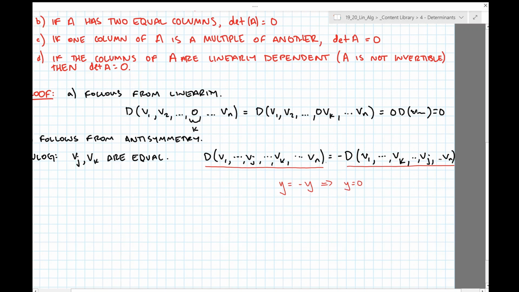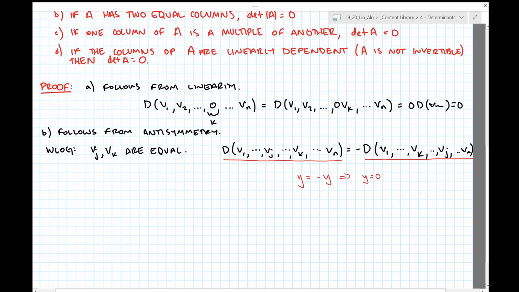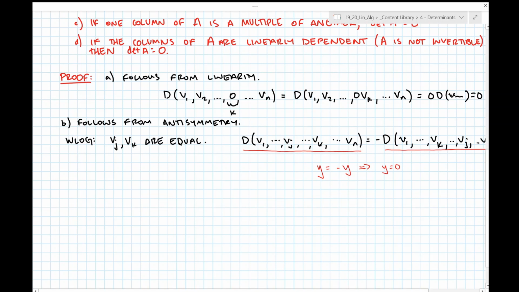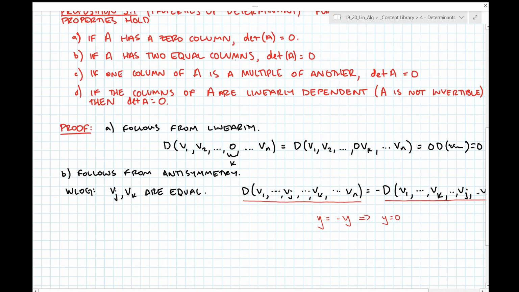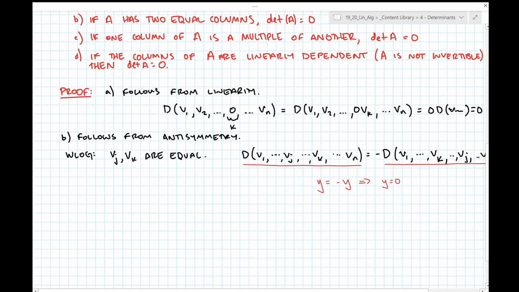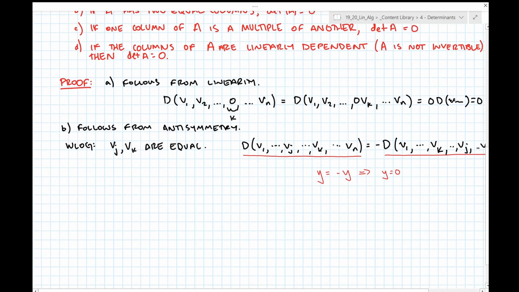So if anti-symmetry is true and you have 2 equal columns, when you swap those columns, you pull a negative out, but you don't change the numerical value of the determinant. The only way that can happen is if the determinant is 0. So that's our proof of property B: if there are 2 equal columns in your matrix, the determinant is 0.